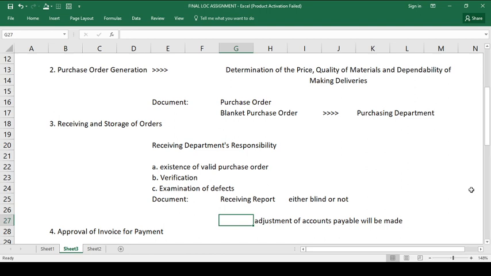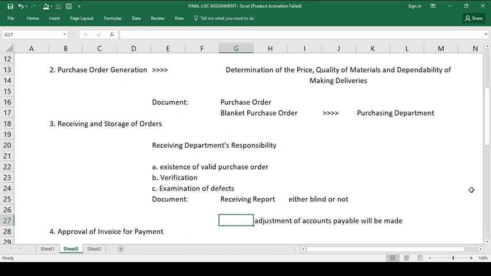Take note, the receiving report with attached purchase order and purchase requisition form will be forwarded to the accounts payable department for the purpose of recording the existence of accounts payable. Remember, in accrual basis of accounting, we record purchases and its corresponding account, which is accounts payable, upon receipt of the inventory.